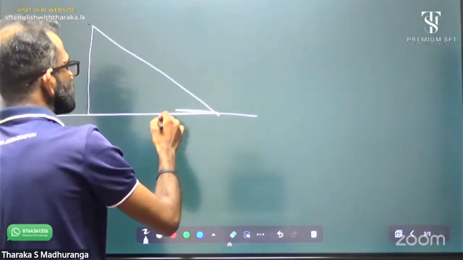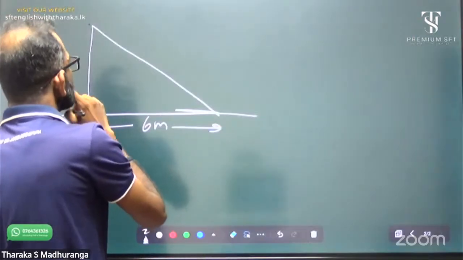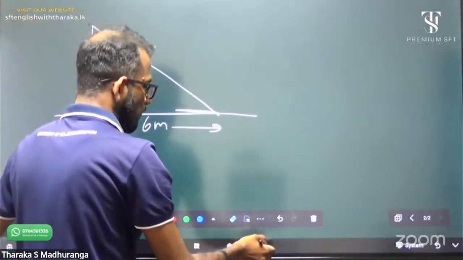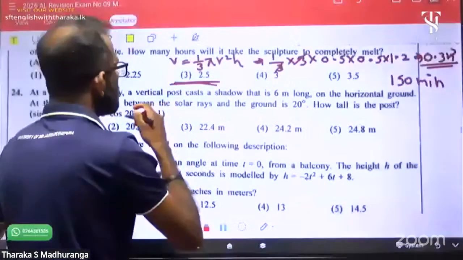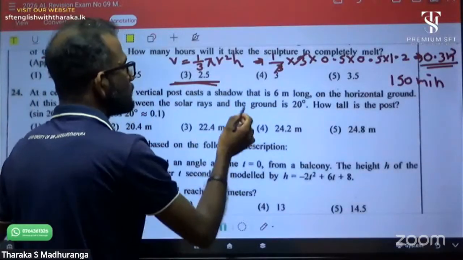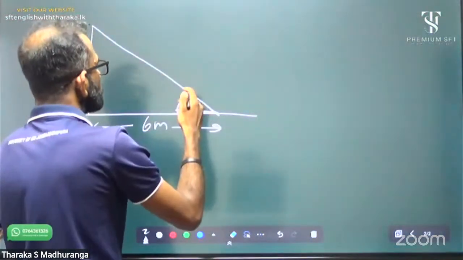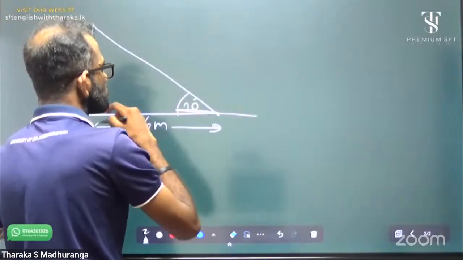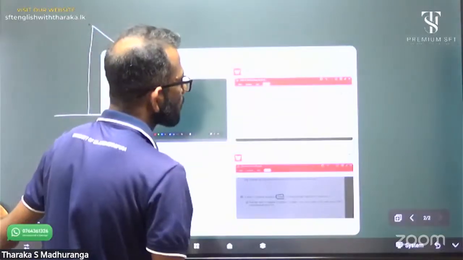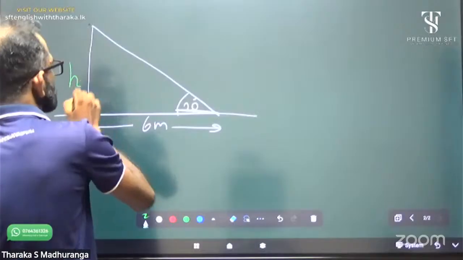It is 6 meter on the ground level. The angle between the solar ray and the ground is 20. Now it is asking for the height, h.